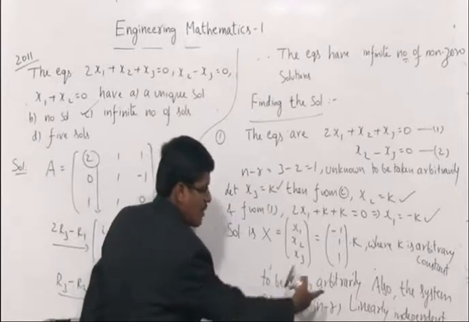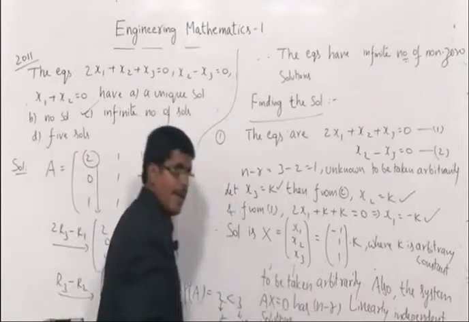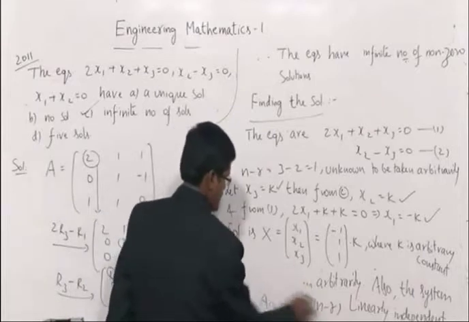So one important point I have given: how to find the number of linearly independent solutions. That is also given by n minus r.